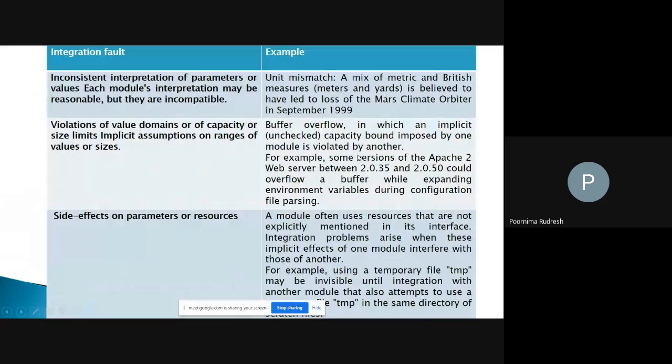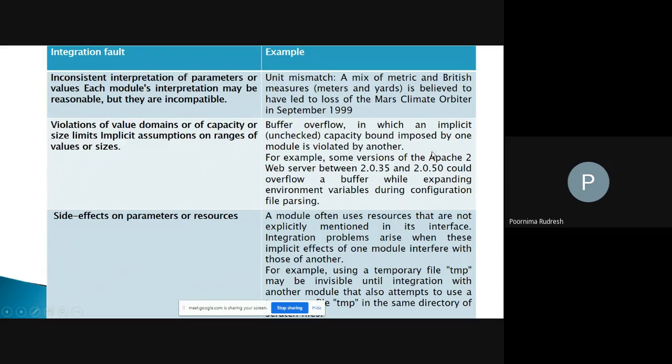Similarly, here also there is a buffer overflow in which an implicit or unchecked capacity bound imposed by one module is violated by another one. If we consider the different versions of web browsers, nowadays we are getting a number of versions, and each day the version number changes. If they are not compatible, then the problem arises.